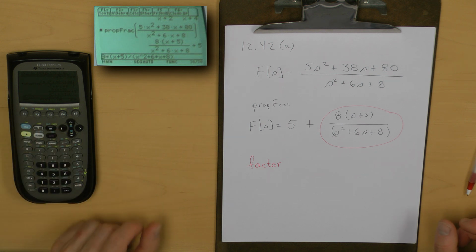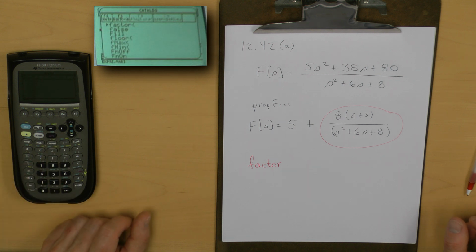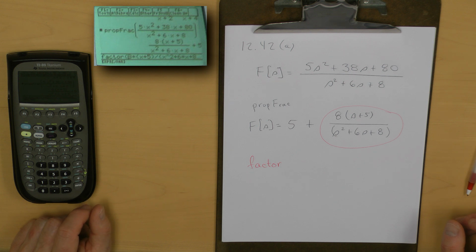Now I want to go to the leftmost part, so I hit the second left cursor sequence, and I'll go into the catalog of commands. I will tap the F key, and that actually gets me to the factor function immediately. I'll hit enter to bring that in.